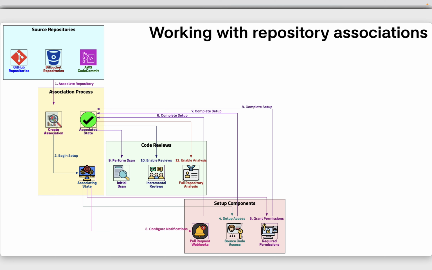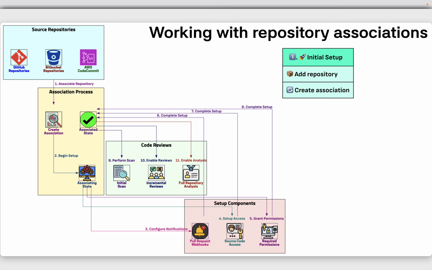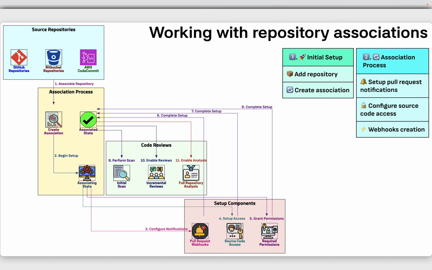So, working with repository associations. To start using the reviewer, you need to add a repository containing your source code and create something called a repository association. The association process involves setting up pull request notifications using webhooks and configuring source code access for the reviewer to clone the repository.